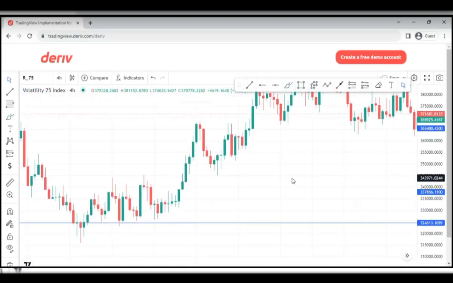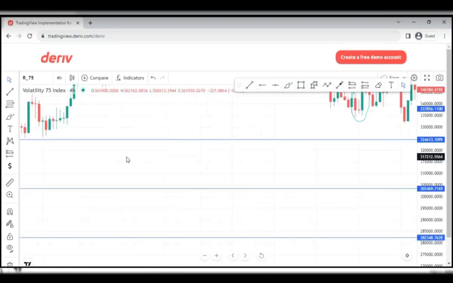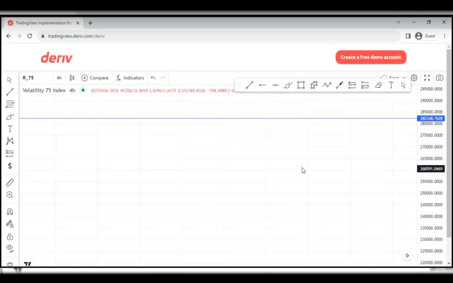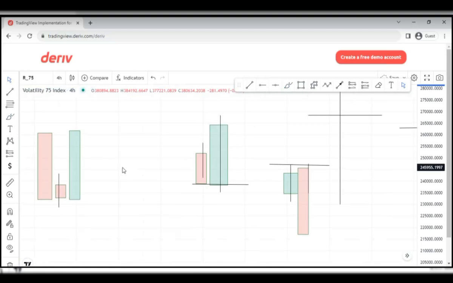So you guys can always go to your chart by yourselves, check out those candles, and start training your eyes to easily identify them. When you see it, you should easily be able to say, oh, this is this kind of candle, this is that kind of candle. It's part of the training that you have to do yourselves.